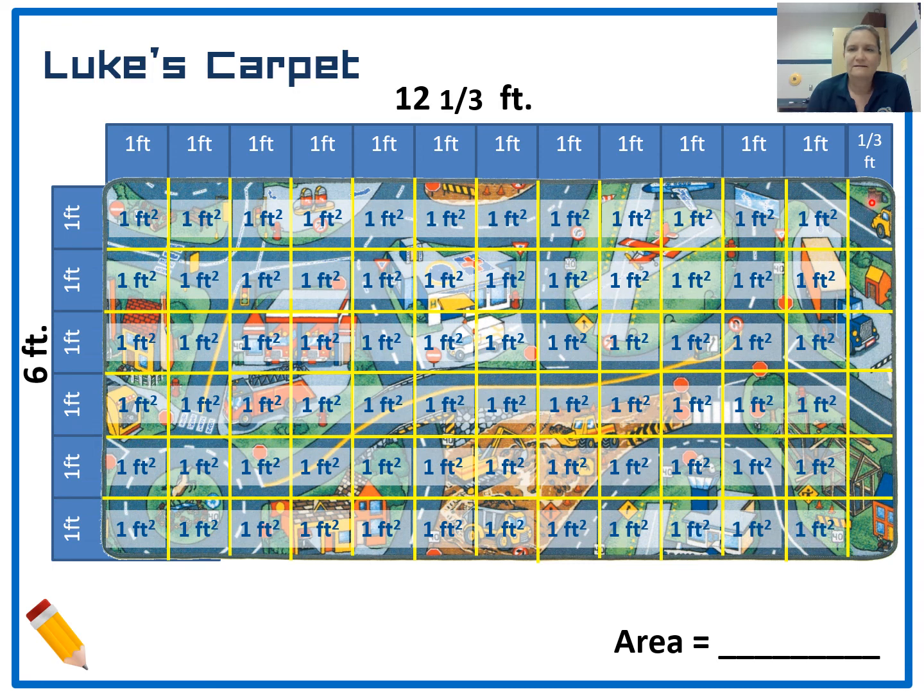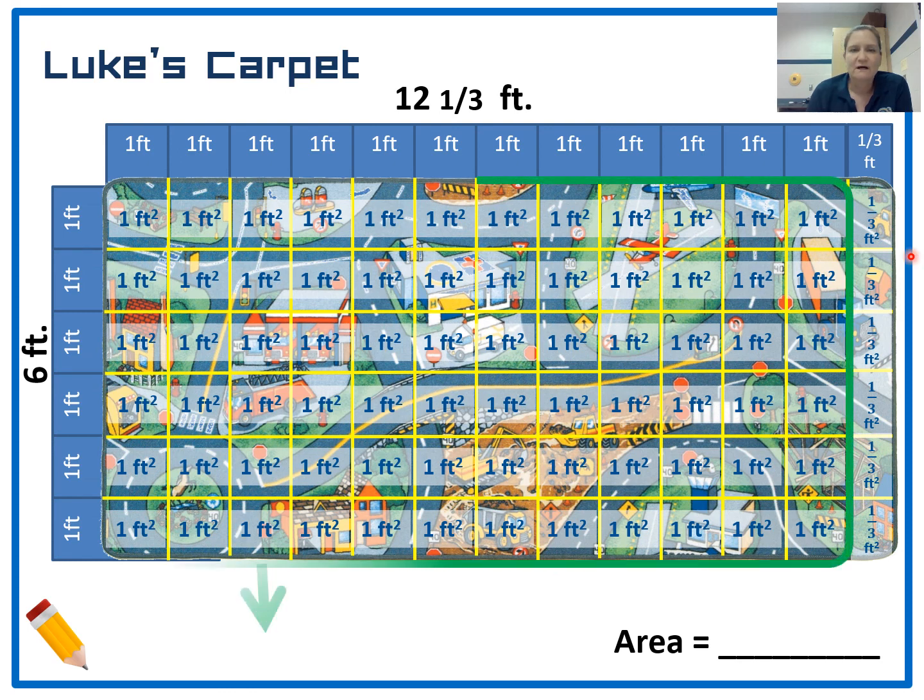And then this last column here, it's only 1/3 foot, so that would be 1/3 foot squared because it's 1/3 by 1. Okay, so around here, it would be 6 feet by 12 feet. So if you multiplied that or counted that correctly, you would get 72 feet.